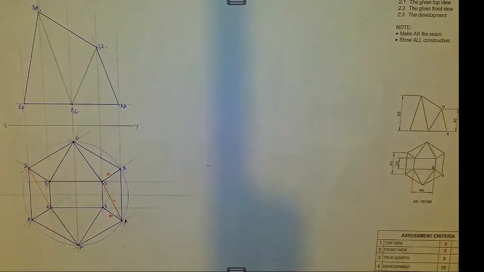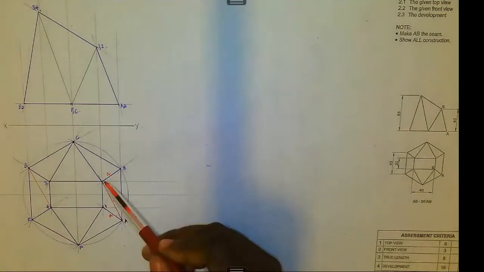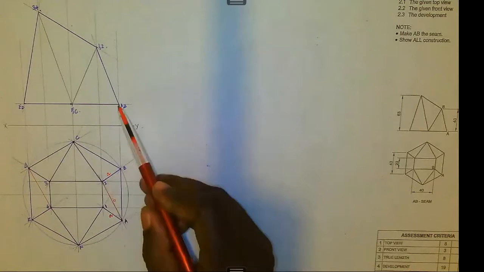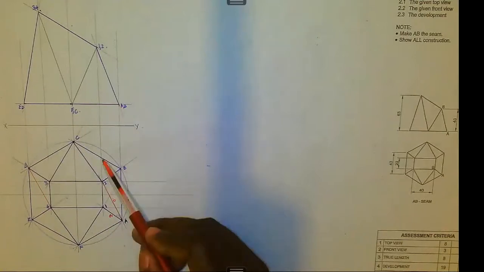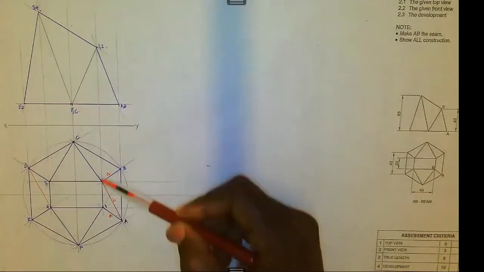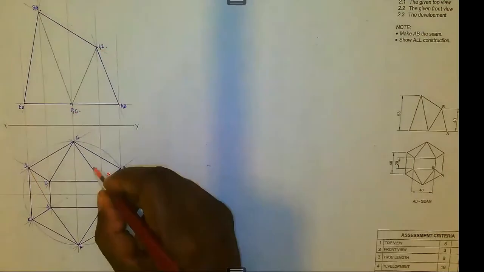Right, then from there to C, right? 2 to C, right? This one is a true length, but 2, which is 2 here, right? And C there, right? I don't have a true length because they are both inclined, so I'm going to say this is C, right?